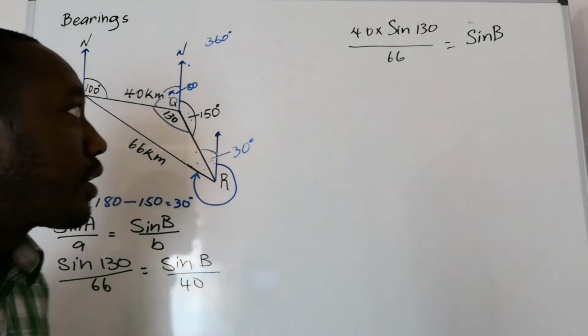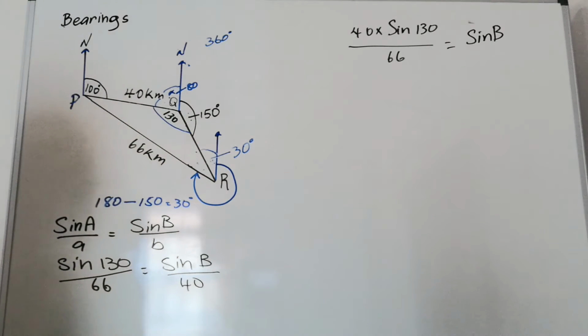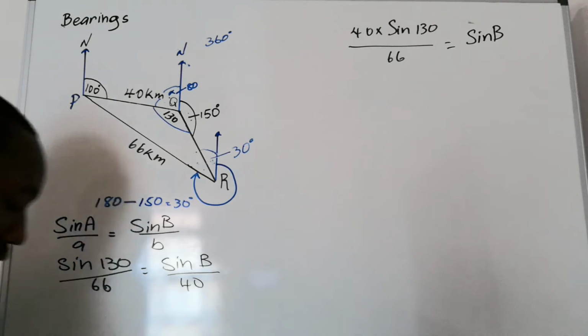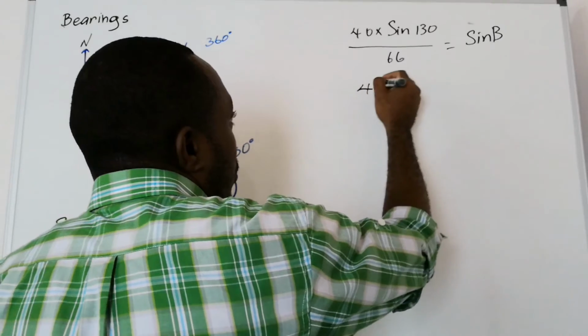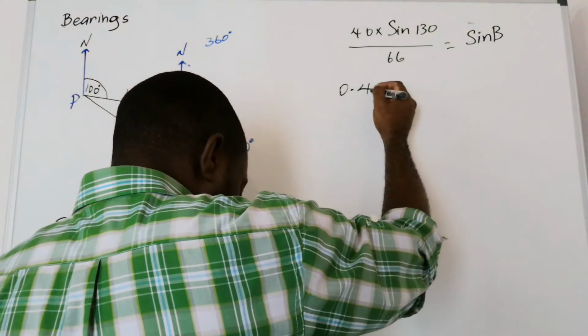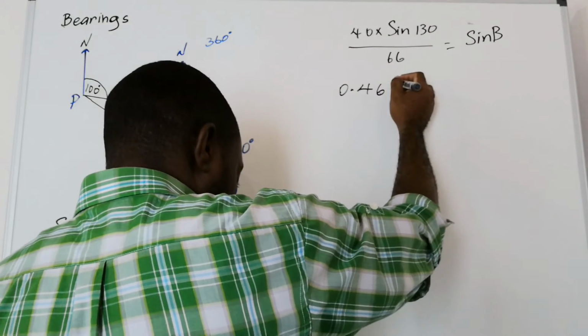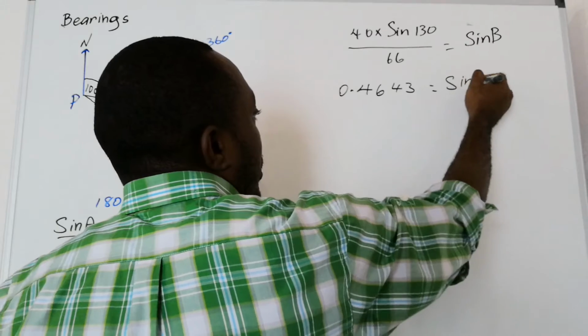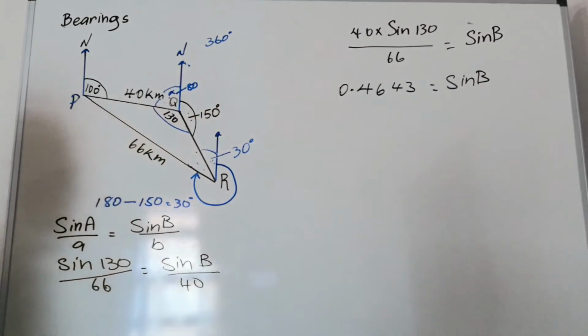So let's work it. 40 multiplied by sine 130 divided by 66. Now that will be approximately 0.4643, which is equal to sine B.